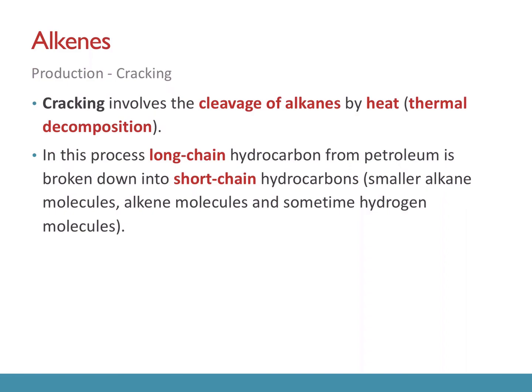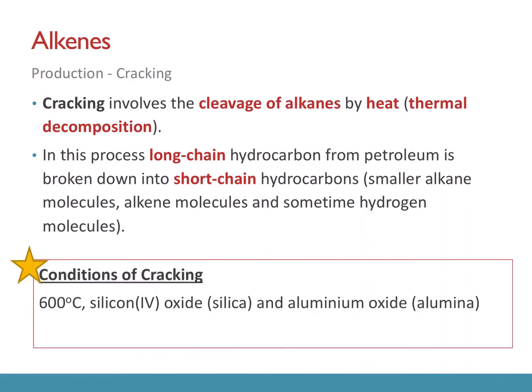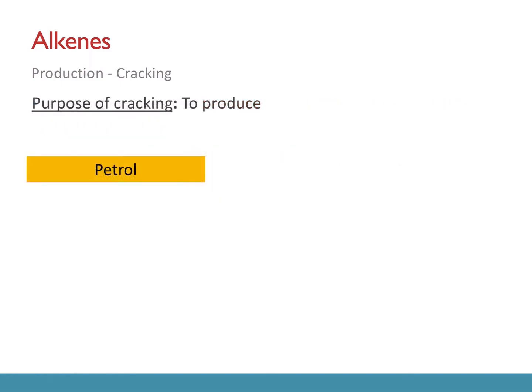You can get smaller alkane molecules, and sometimes hydrogen molecules. This is the condition for cracking, which you need to memorize: 600 degrees Celsius, silica and aluminum oxide as a catalyst. So what is the purpose of cracking?